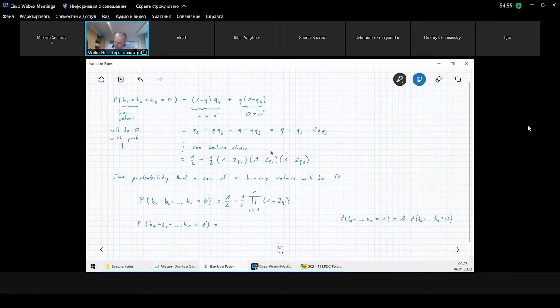So 1 minus 1/2 is 1/2, and minus 1/2 times the product for i being 1 to n, again 1 minus 2 qi.